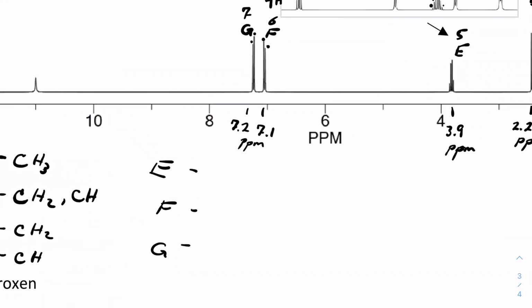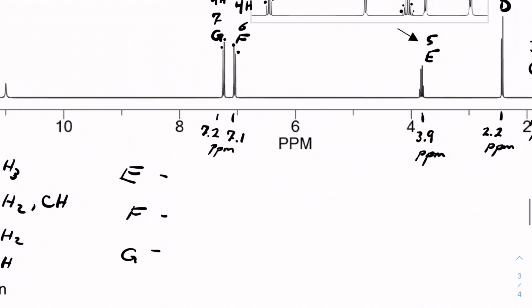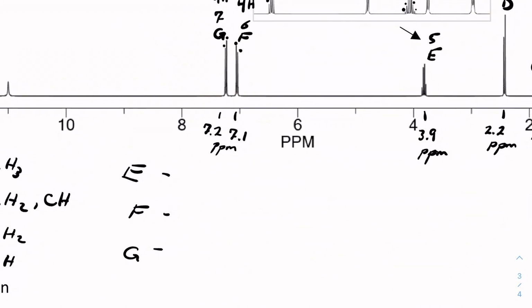And then E, we can see that that is most likely going to be an OH group, just based on neighboring, and we know that there's 4 hydrogens exhibiting that, so we know that there's going to be at least a couple different OH groups, possibly more.